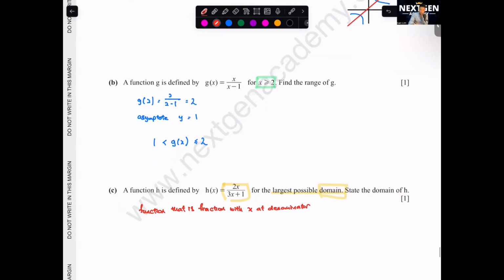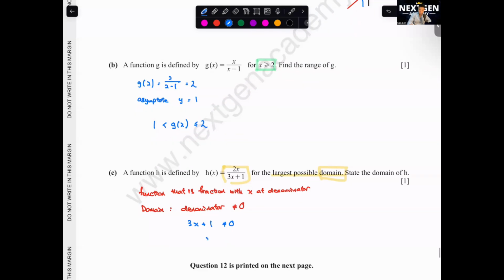For your domain, you always take your denominator not equal to 0. You remember this equation. So 3x plus 1 not equal to 0. x will be not equal to negative 1 over 3. Okay, your bottom cannot be equal to 0 because you get a math error.